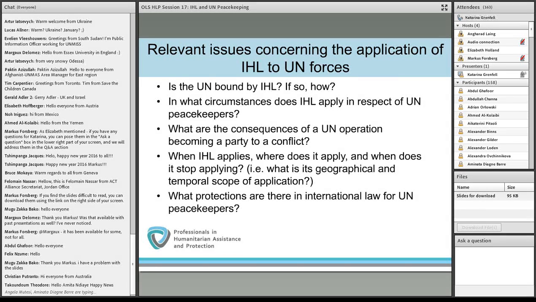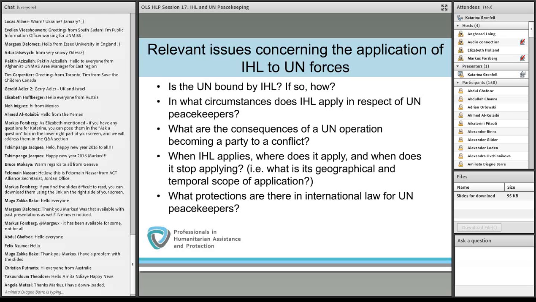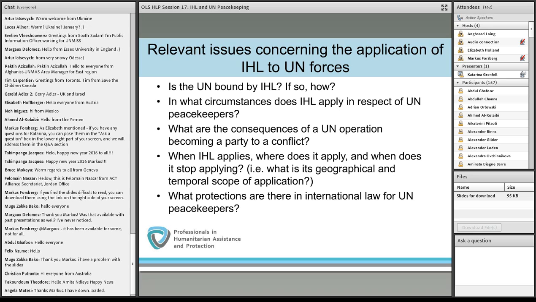And as UN peacekeeping operations are usually deployed with the consent of the host state, it's unlikely that a UN operation would engage in an armed conflict with a state, but rather against a non-state actor. And as such, I'm going to focus on the threshold which applies in respect of a non-international armed conflict.